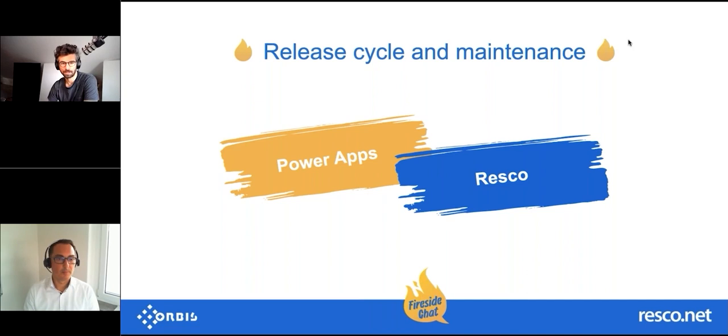Yeah, perfect. With Resco, on the other hand, we have 4 major releases every year. The reason is that we're focusing a lot on mobility, and mobile technologies evolve at a tremendous pace.